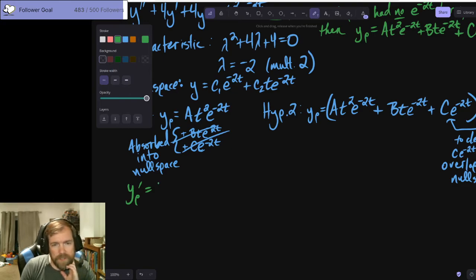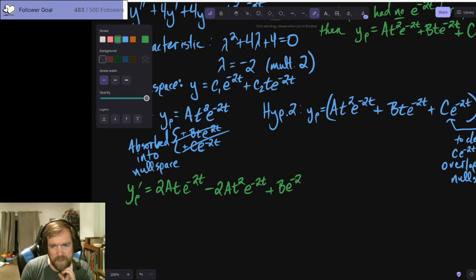All right, 2at e to the negative 2t minus 2at squared e to the negative 2t plus b e to the negative 2t minus 2bt e to the negative 2t minus 2c e to the negative 2t.